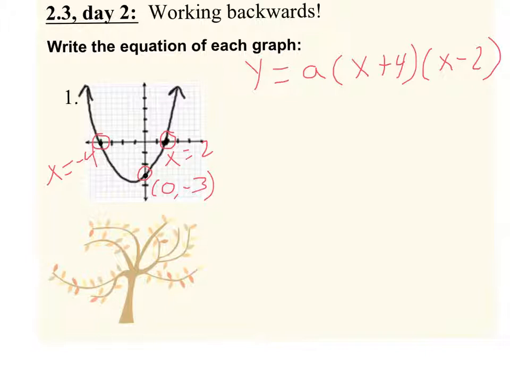All right. Well, this is actually a pretty big step towards getting my equation. I've got 2 factors, and this is a quadratic, so it's degree 2, and that means I should have 2 factors, and I got them. And now it comes down to finding a, and that is where this y-intercept is going to come in quite handy.